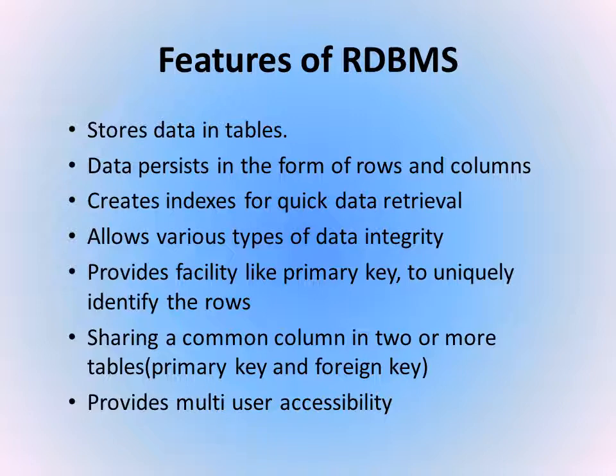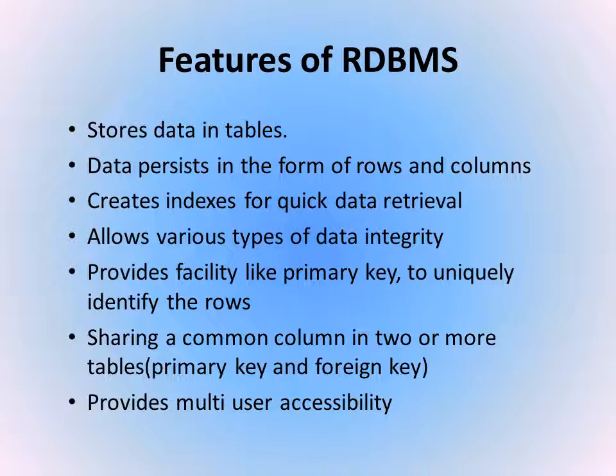Next, relationships among tables are created by sharing a common column in two or more tables. We had seen in the first slide that there is a relationship between the student table and the course table. Why? Because a student enrolls in a course, so there is a common column between the student table and the course table, and the common column is course ID.